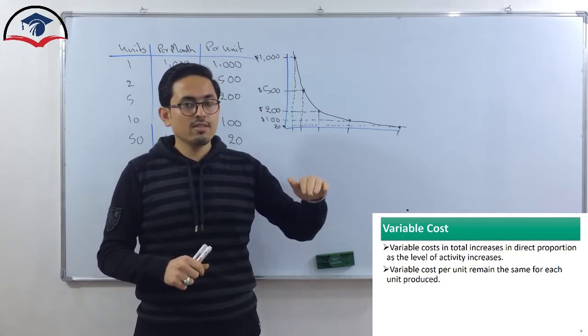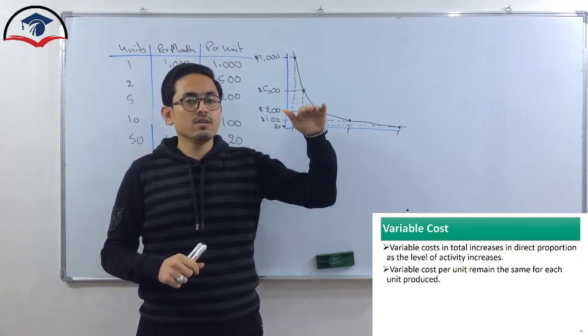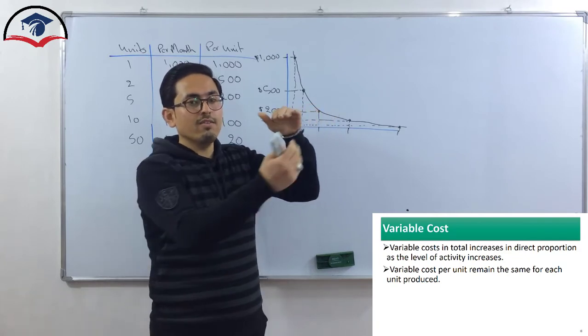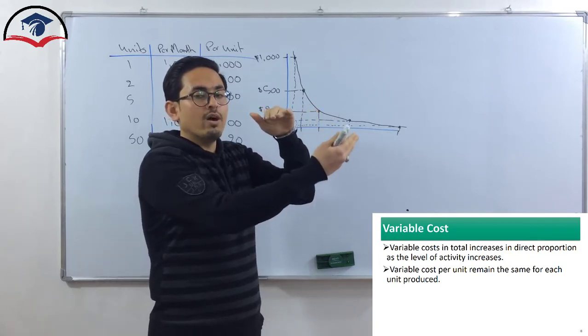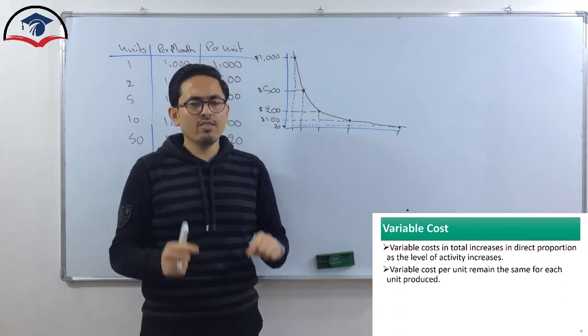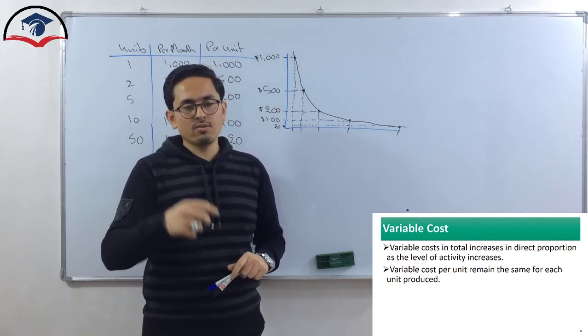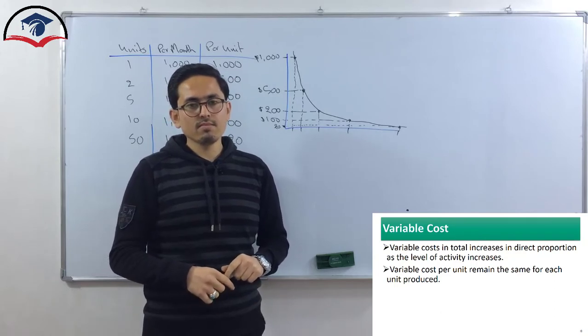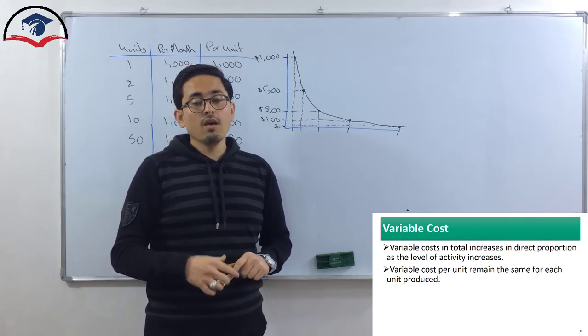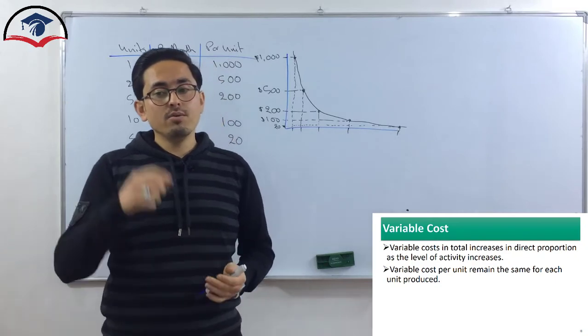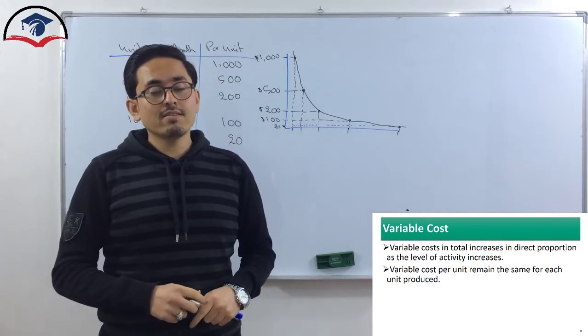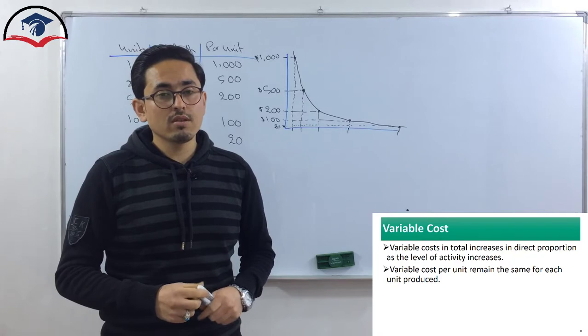Here you can see $10, $20, $30, and the level of activity on this side: 1 hour, 2 hours, 3 hours. In direct proportion with the level of activity, the cost increases. But what about variable cost per unit, which remains the same for each unit produced?